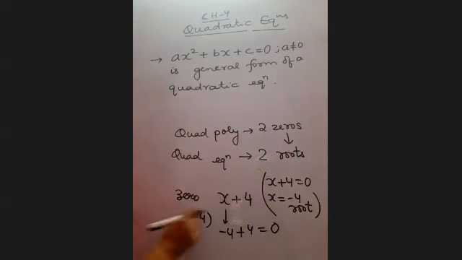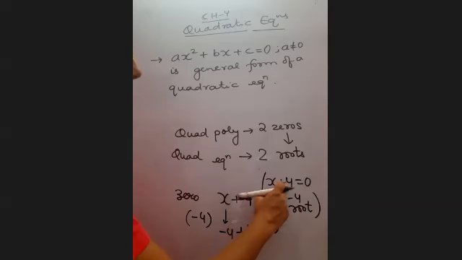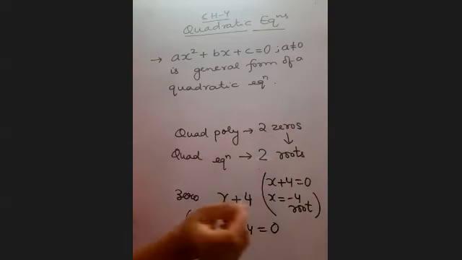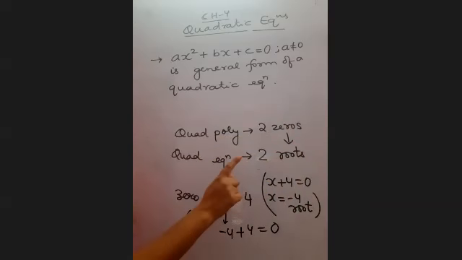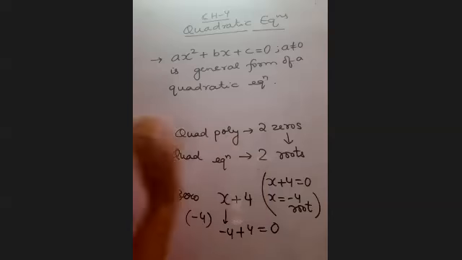Here we say x equal to minus 4 is a zero of this polynomial because when I put minus 4, this becomes 0. Here, being an equation, we already have the sign equal to 0. So this is just a basic thing, that we do not say we are calculating zeros of an equation, but roots. This is the only difference.